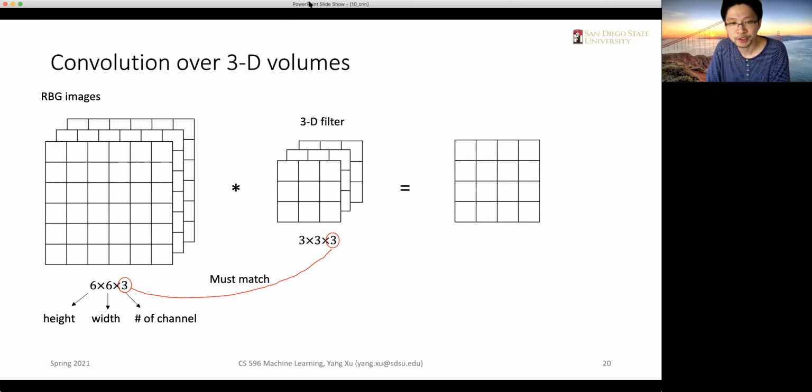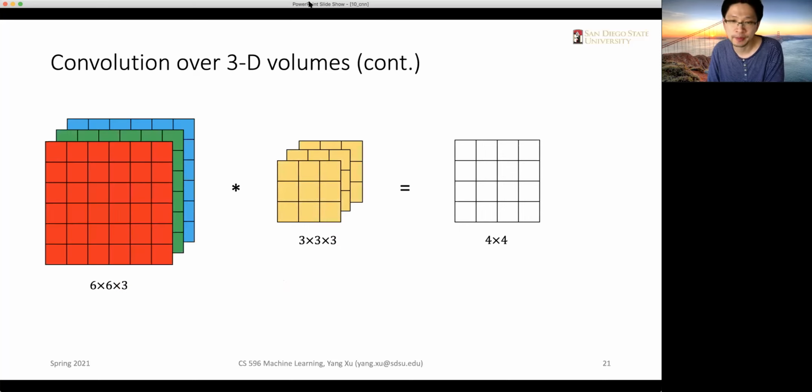When we apply such a 3 by 3 by 3 filter to this 6 by 6 by 3 input, the output is just a 4x4 matrix. Note that it's just 4x4. There's no by 3 anymore. The underlying computation is very straightforward.